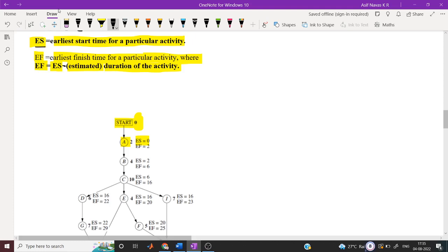Not minus, it is plus. So ES plus duration: 0 plus 2, that is 2.